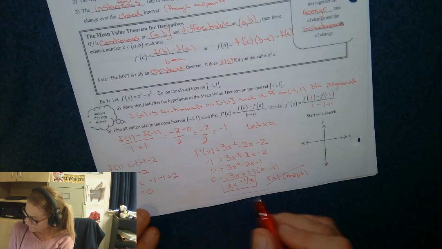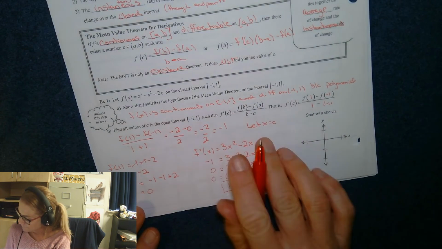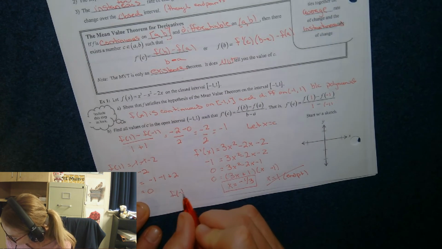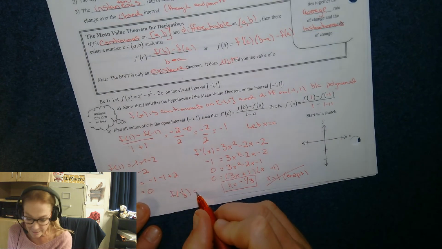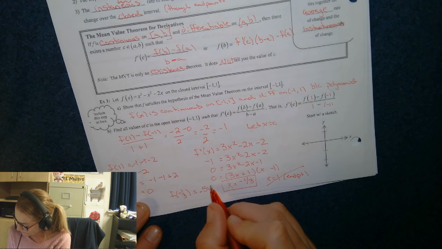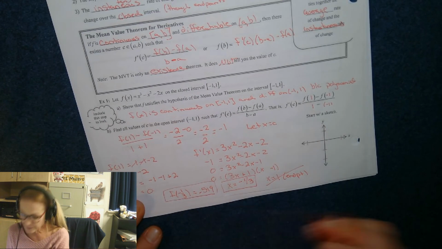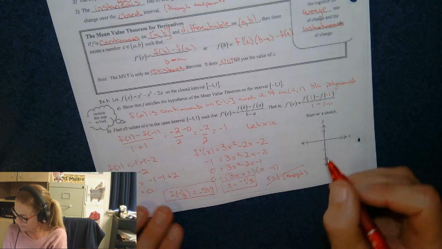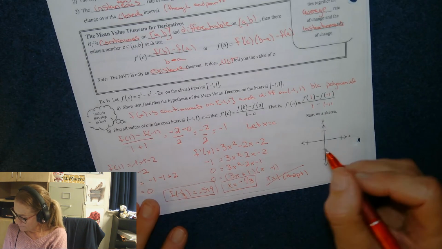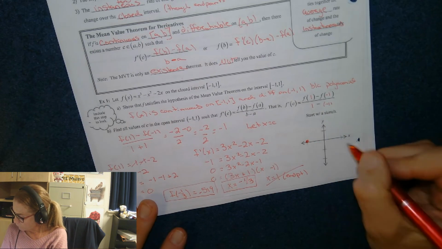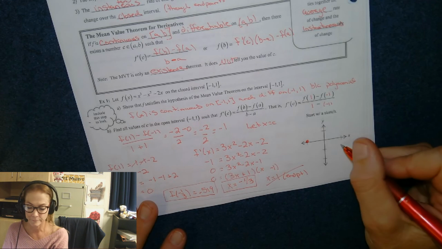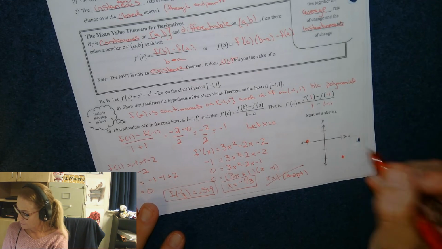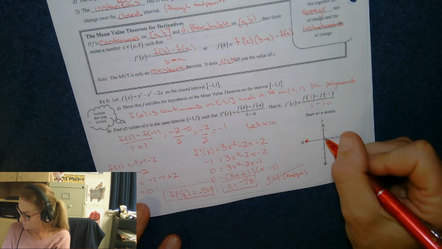So if you were to plug the y value into the original, if I did f of negative 1 over 3, that comes out to be, I just have it in my notes here, 0.519. Okay, so it says to do a graph here. If we were to graph that, at negative 1 we were at 0, and at 1 we were at negative 2. Okay, and so this graph is going through 0, 0 here.